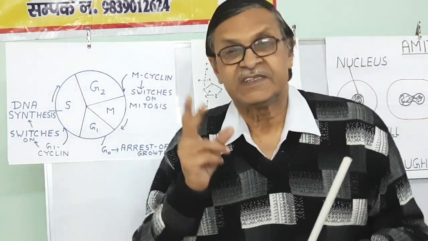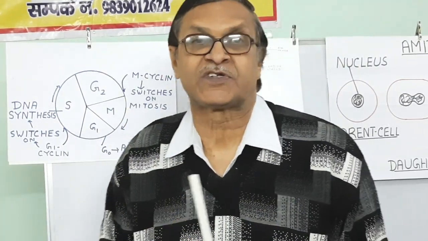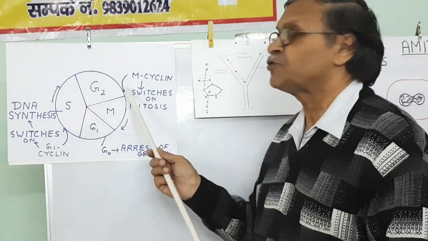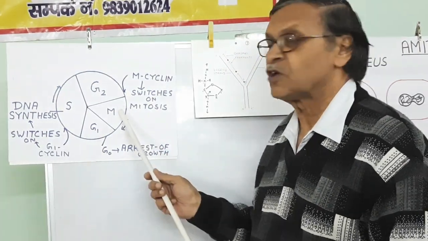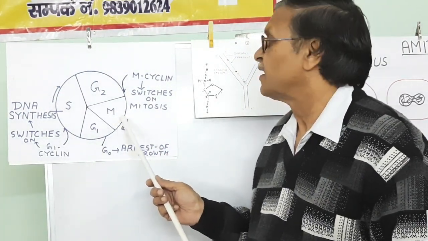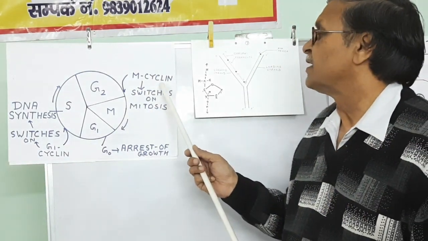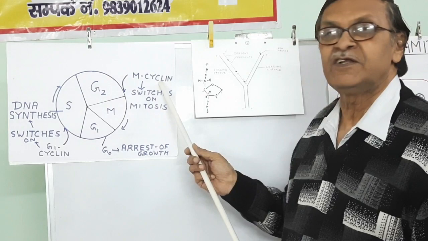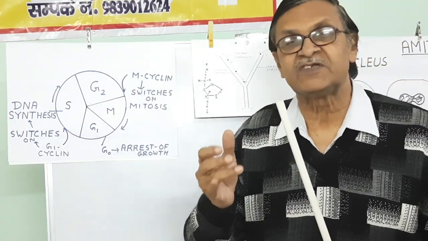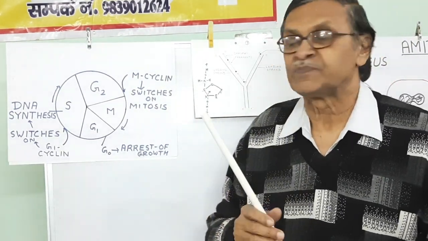Then there are two crucial steps. One switches on the mitosis or cell division phase. It is switched on by M cyclin along with CDC2 kinase.